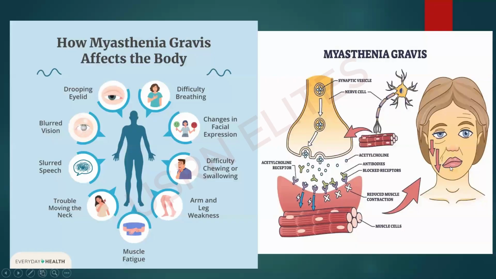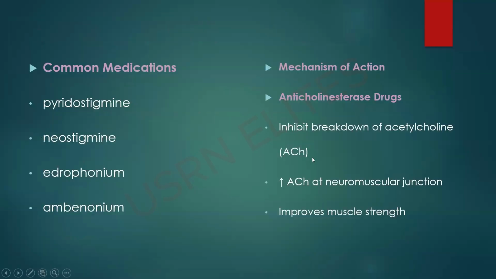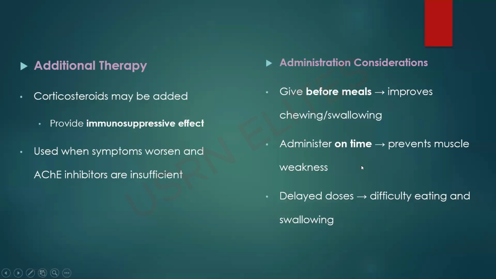So the muscles are weak all over. All right. So it also makes sense to give the medication to strengthen the muscle before you even feed, which will help in the swallowing and all of that. And you have to administer it on time too. When you administer on time, it prevents muscle weakness.